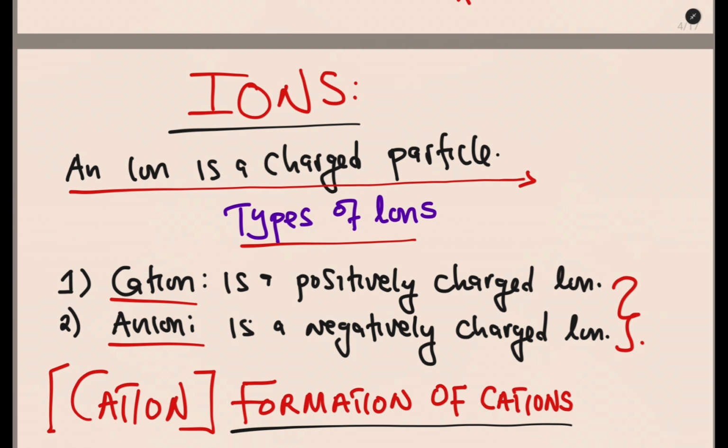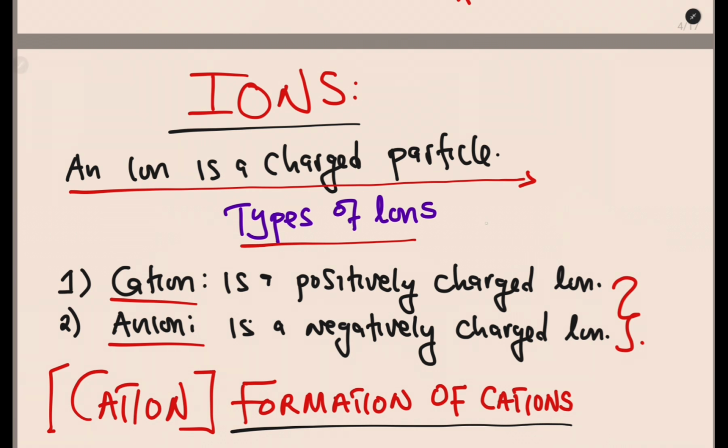In order to gain stability, atoms of an element can choose to lose or gain electrons. When an atom of an element loses electrons, it becomes positively charged, and therefore it is called a cation. When it gains electrons, it becomes negatively charged, and that is what we call anions.